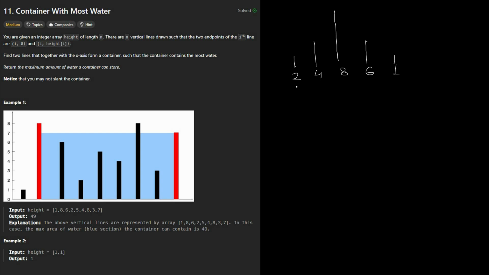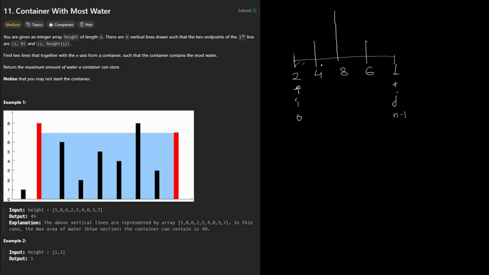We can have two pointers, i and j. The i value would initially be 0, j would be n minus 1. If you have to say how much water it is going to contain, 2 and 1 would be the area. From 2 to 1, the entire area can be covered with water.